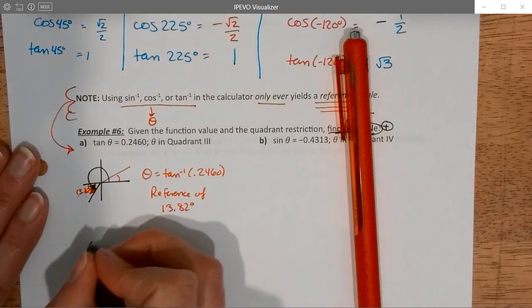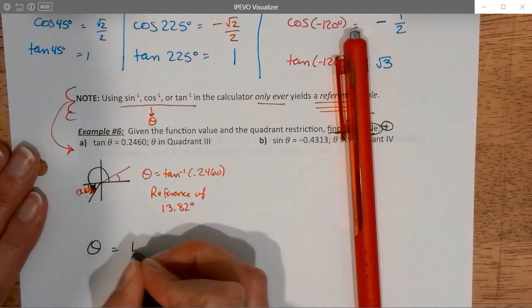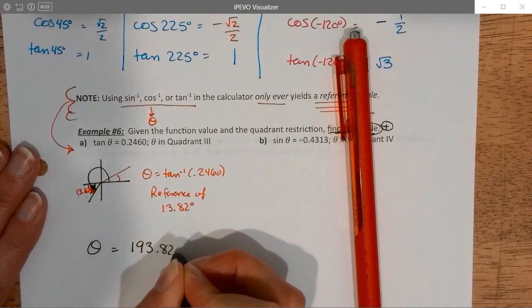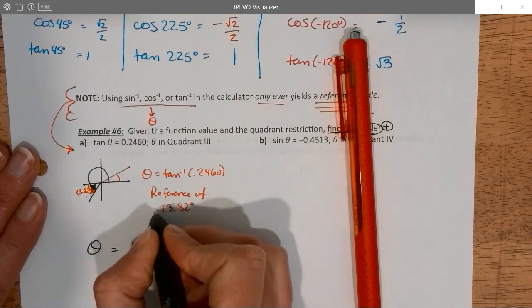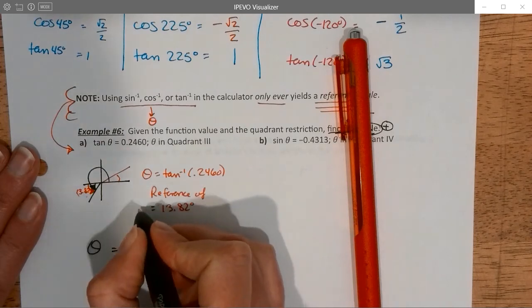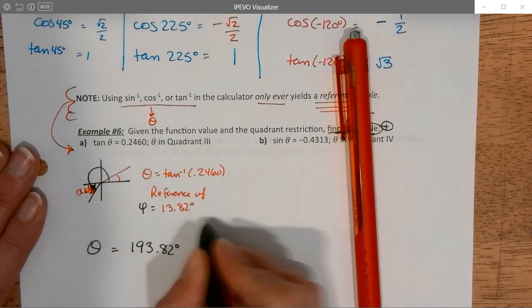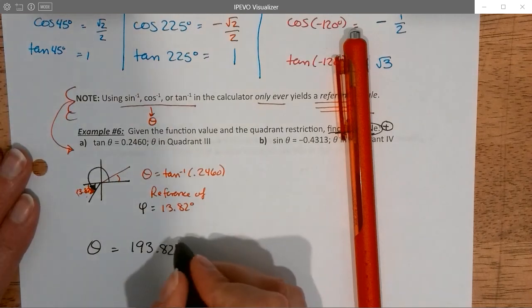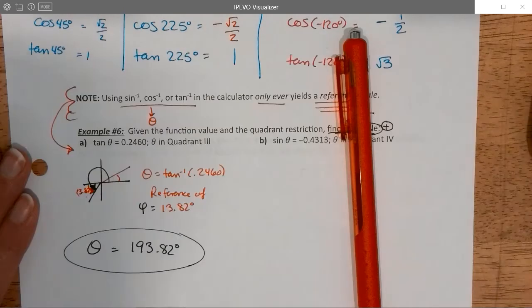So the angle theta is 193.82 degrees. Now, this angle that I found up here is not theta. I can call it something else like phi. I have a phi, a reference angle of 13.82, but theta, the one that's in quadrant 3, is 193.82 degrees.